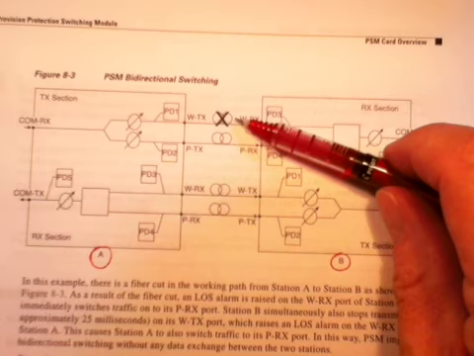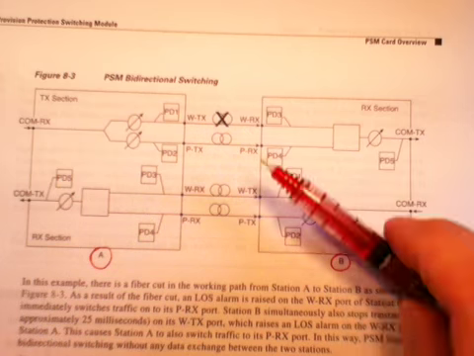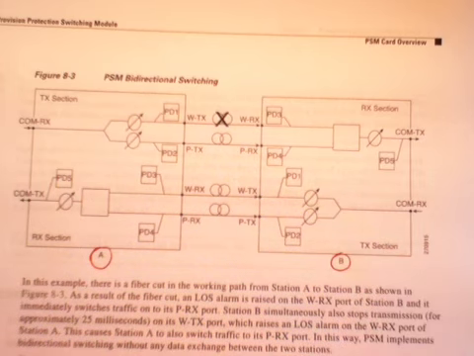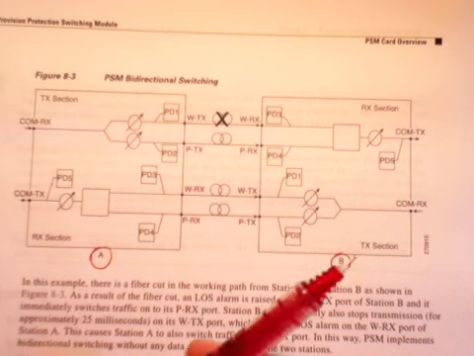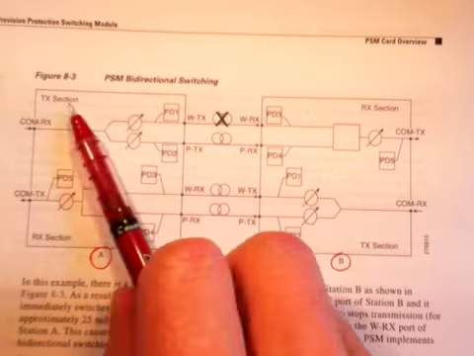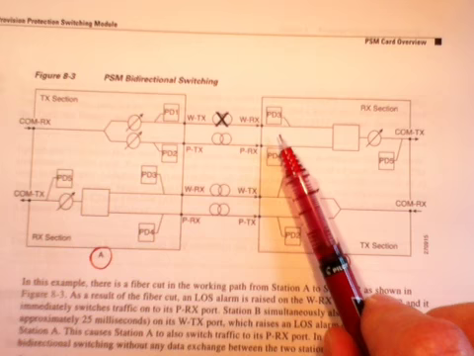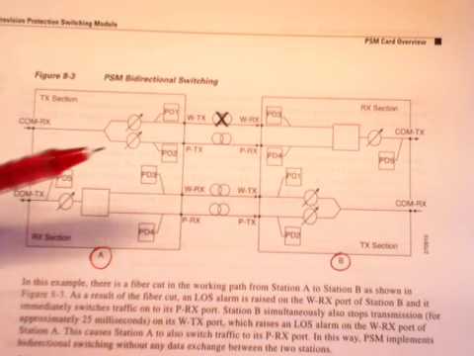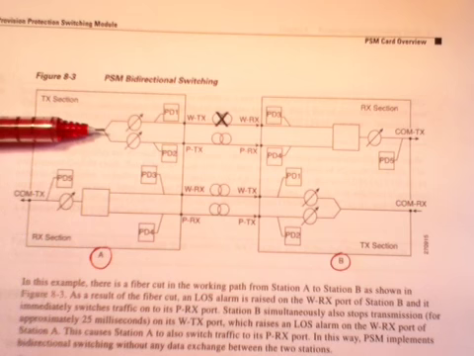And in between we have 4 fibers, 2 for each direction. The 2 in the direction from A to B are shown at the top, where we have the transmit section at A and the receive section at B. And you can see here that both fibers get the same signal because of the 50-50 splitter here.